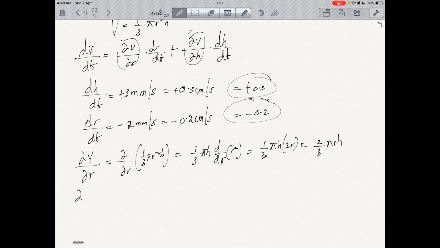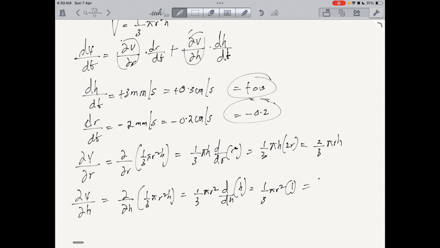And likewise, when we differentiate partially with respect to h, we have 1 over 3 pi r squared h. Now, for this, r is a constant, and we differentiate h with respect to h, and are left with 1 over 3 pi r squared.